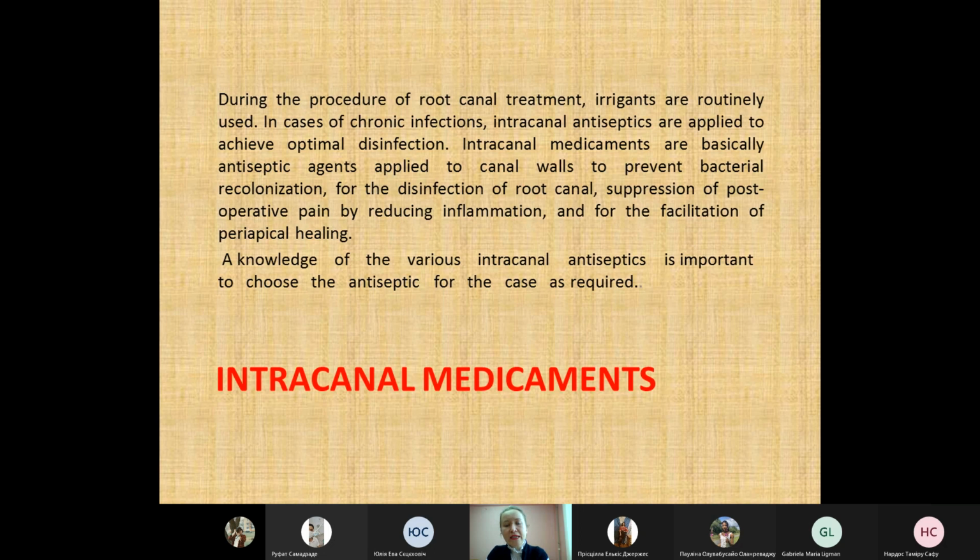Intracanal medicaments are basically antiseptic agents applied to canal walls to prevent bacterial recolonization, for the disinfection of the root canal, suppression of post-operative pain by reducing inflammation, and for the facilitation of periapical healing. And that's why knowledge of the various intracanal antiseptics is important to choose the antiseptic for a certain case.